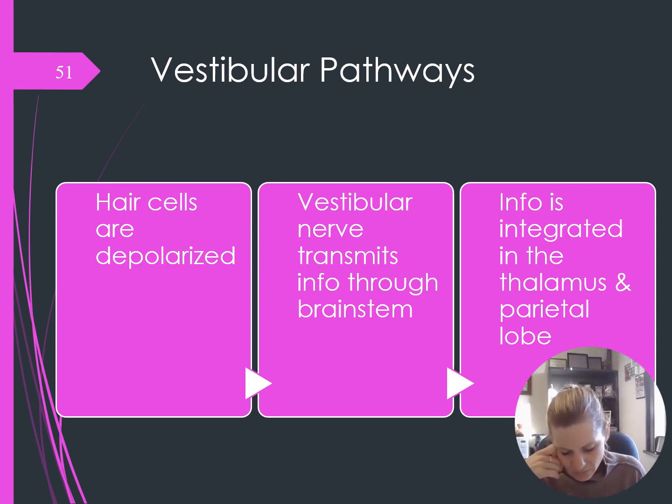So we do have a vestibular center located in the parietal lobe. And that vestibular information will also be integrated with information from the proprioceptors that tell us about muscle, joint, and bone positioning, which allows us to have a feeling of control over body positioning and allows us to manipulate that if we lack that control.